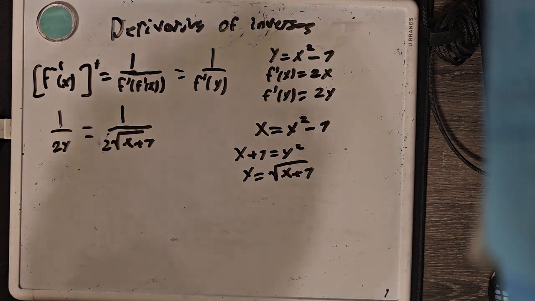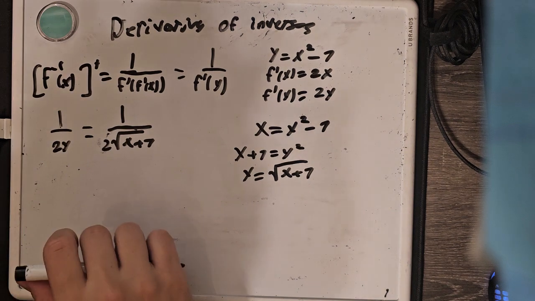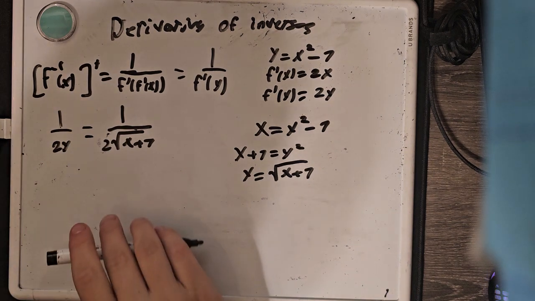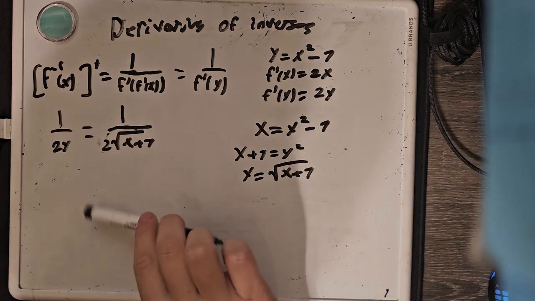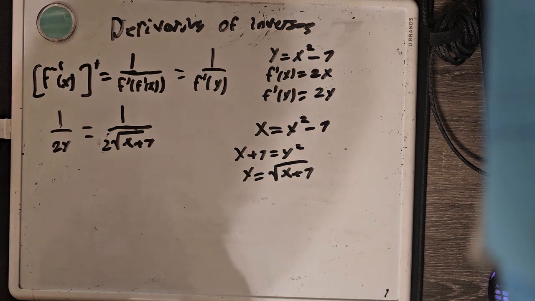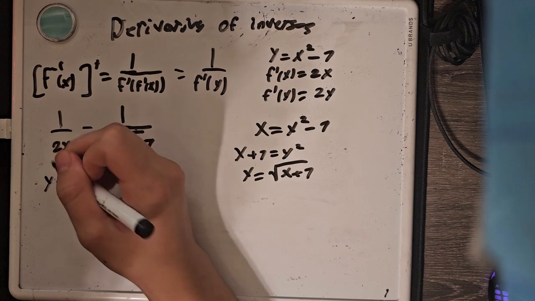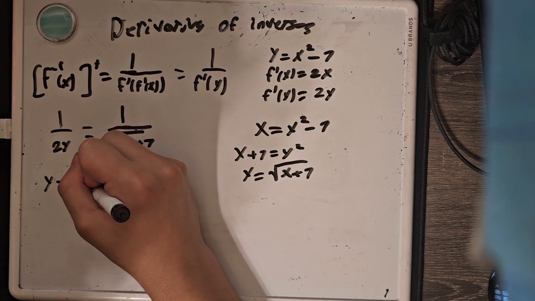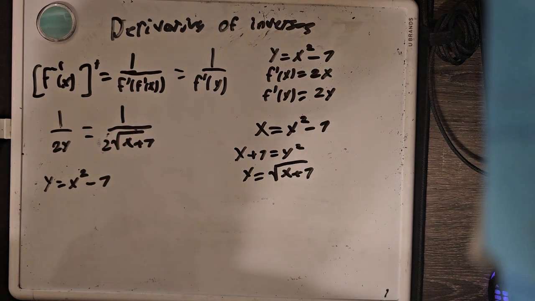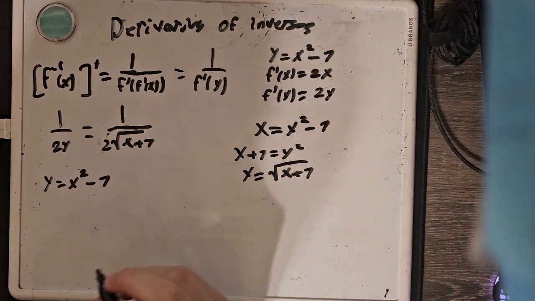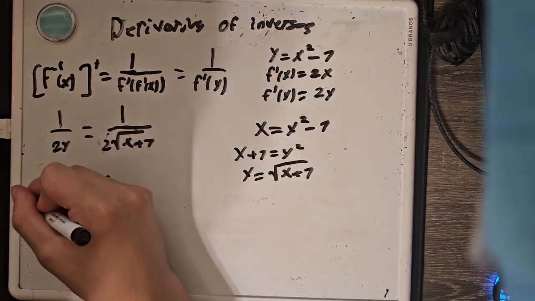Now, another way to do this is through implicit differentiation. So when we have y equals x squared minus 7, we can swap these two out.